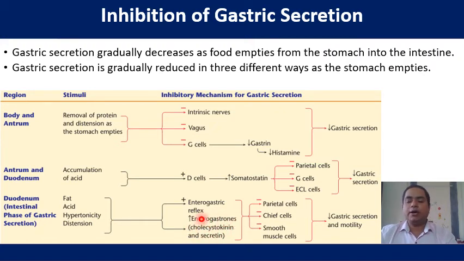So it has a negative effect, and it will inhibit the parietal cell, the chief cell, and the stomach muscle cells, that is smooth muscle cells, and this inhibitory effect reduces the gastric secretion and motility.